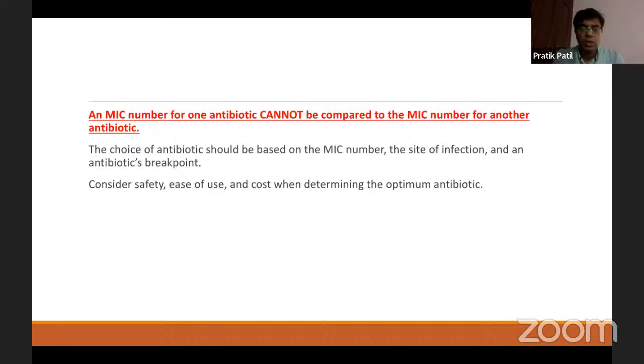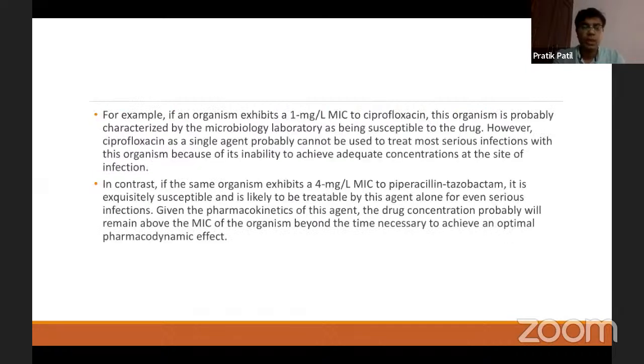I'll show you in the subsequent reports. The choice of antibiotics should be based on the MIC, the site of infection, and the breakpoint. All these things have to be considered. Then only you can choose the best antibiotic for the given condition. Also, you need to consider the safety, the ease of use, and the cost when determining the optimal antibiotic.